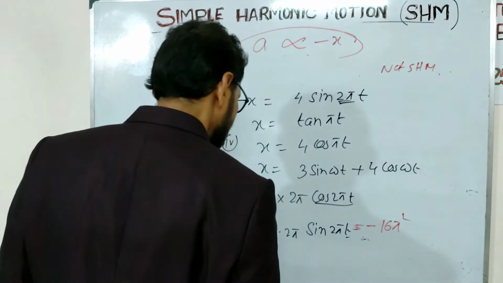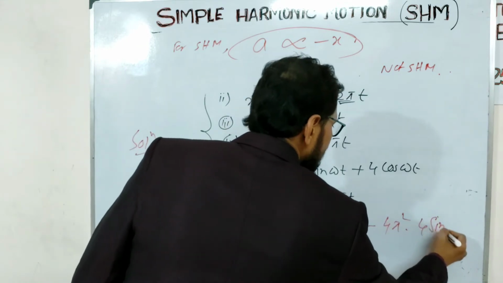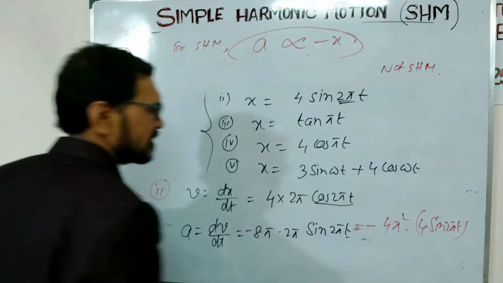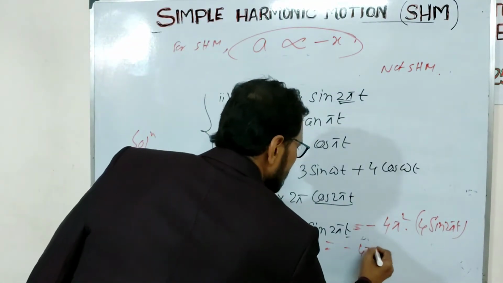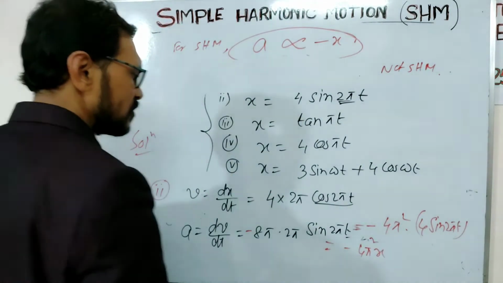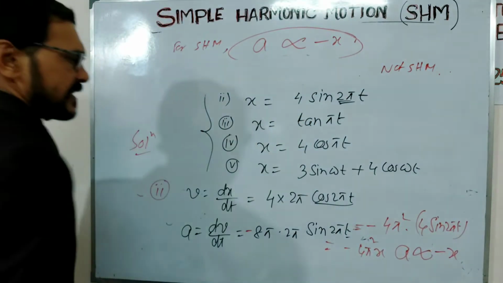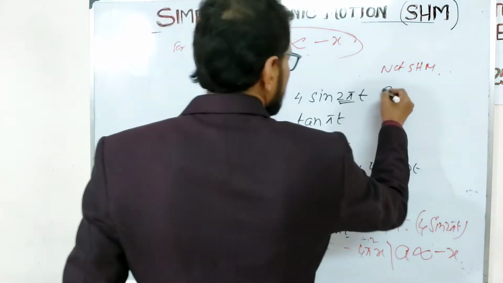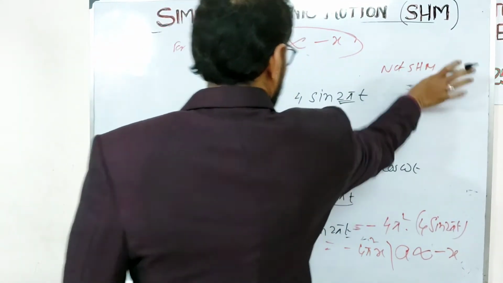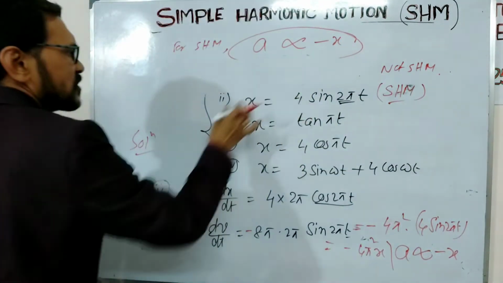So 4 pi square into 4 sin 2 pi t. Now 4 sin 2 pi t equals x, so a equals minus pi square x. a is proportional to minus x, so this is SHM.